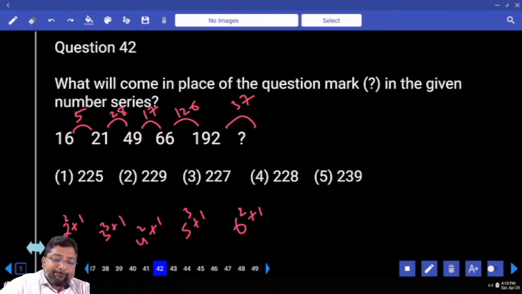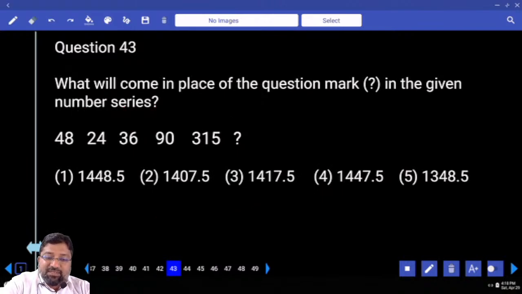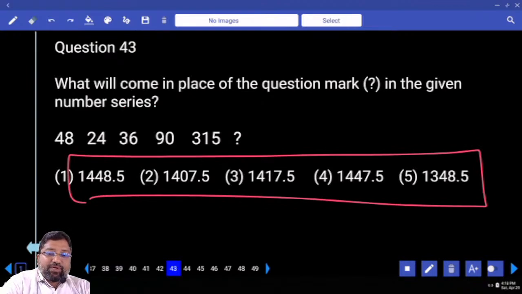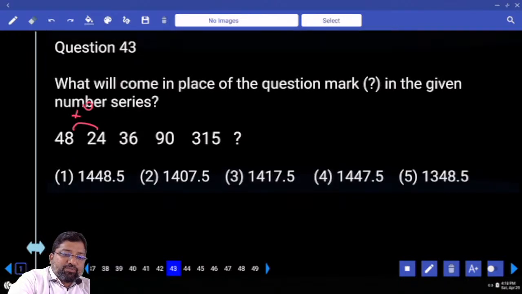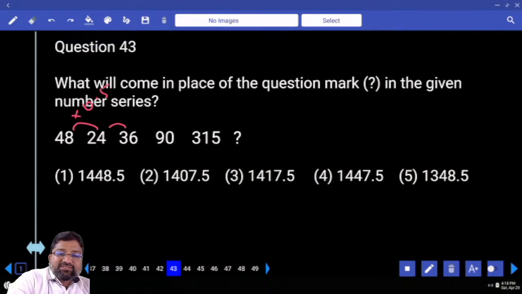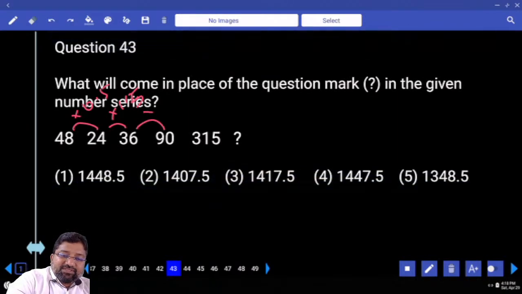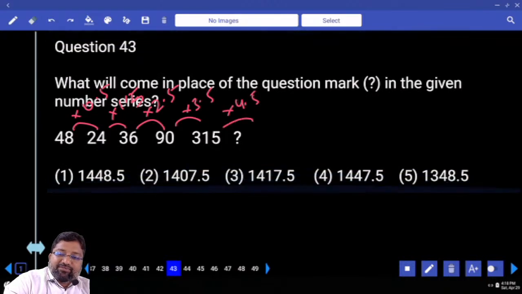Come on. 229. Every option is ending with 0.5, so here we understand. Exactly half: into 0.5, how much is this? Into 1.5, this is into 2.5, this is into 3.5. Next should be into 4.5.